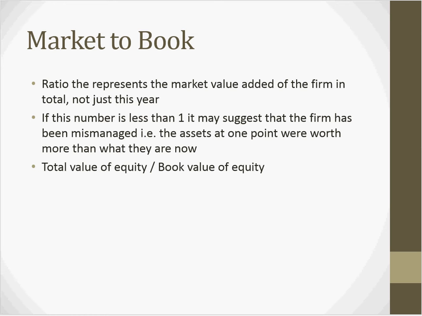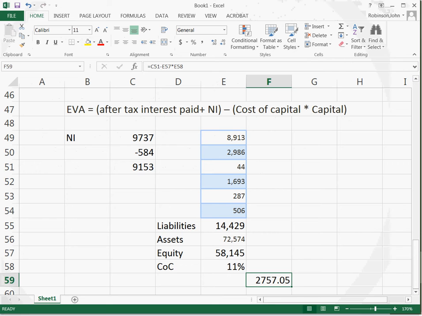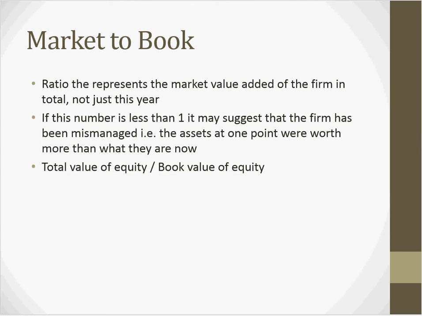If that number is bigger than 1, it suggests that the firm is worth more than the things that are in the firm, and that indicates a history of generating economic value, right? If we have a history of destroying economic value by not returning enough money to our investors, then the value to the investors of the firm will be in aggregate less than the value of the capital that has been contributed over the history of the firm.